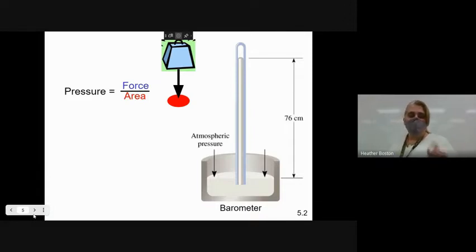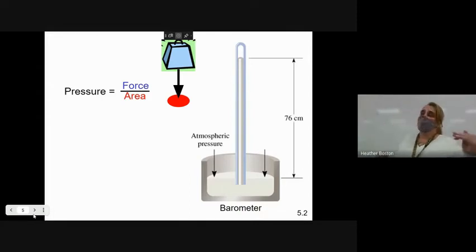And then there's one that might be a little bit unfamiliar to you, and this is called pressure. This is a picture of a barometer. Unfortunately, I don't even have a barometer in my class because they took it away from me, because barometers are usually made with mercury. The reason they're made with mercury is because mercury is the most dense liquid. So if you were to make a barometer with water, typically a barometer is about 1 meter tall, it would have to be like 13 meters tall, which is too big for this classroom.